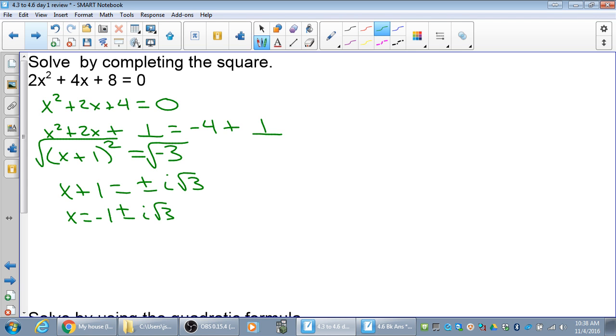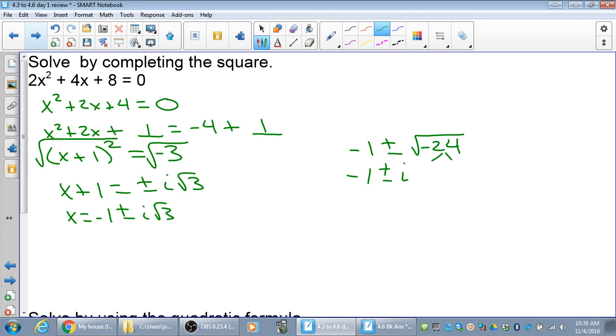Now, if we had negative 1, write this down for me. If you end up with something like that, there's a little extra. You're done with completing the square, except there's always this little extra piece that you've got to be aware of. You've got to look at the radical and say, am I done with the radical? No. You have the i, of course.